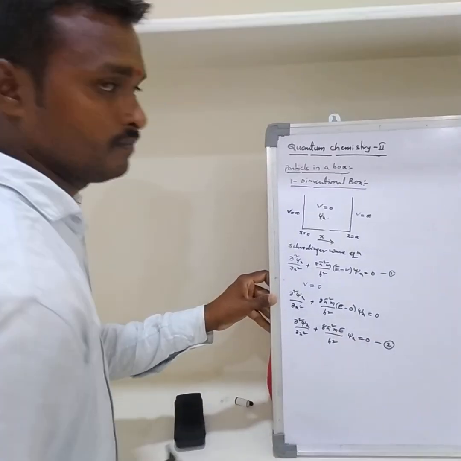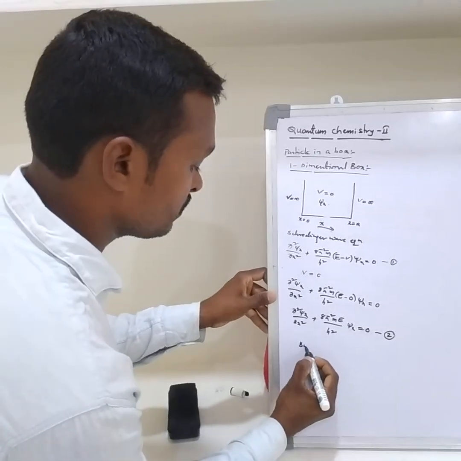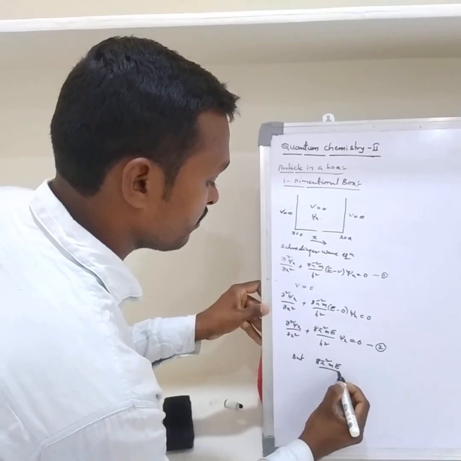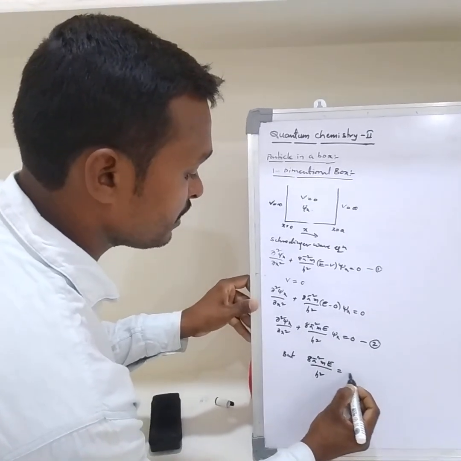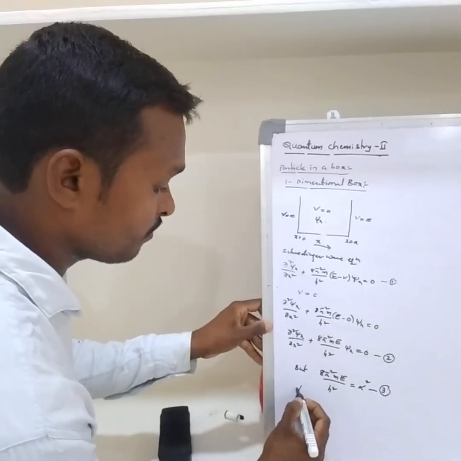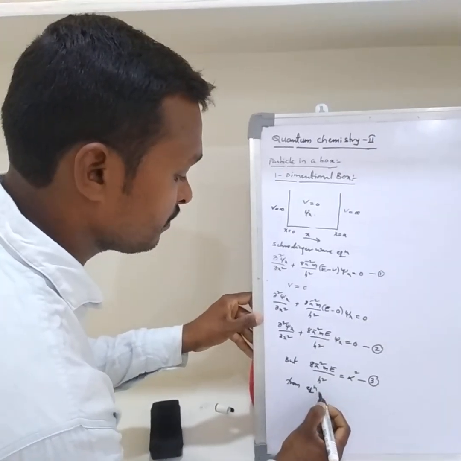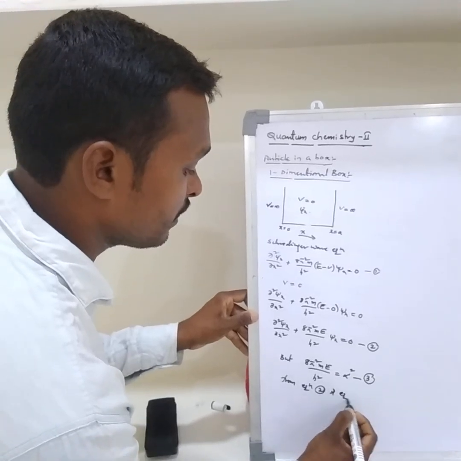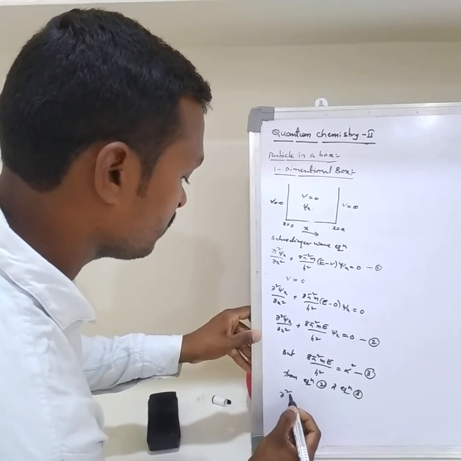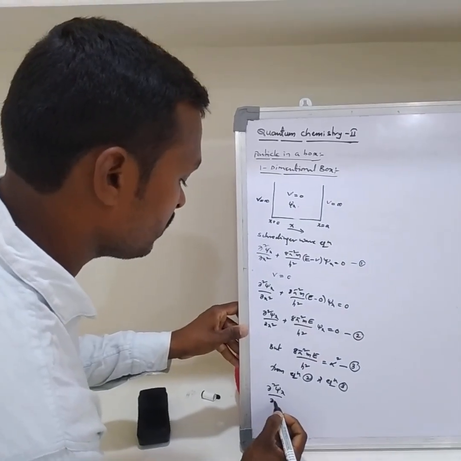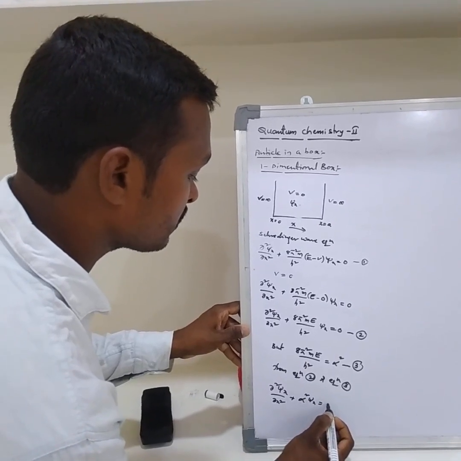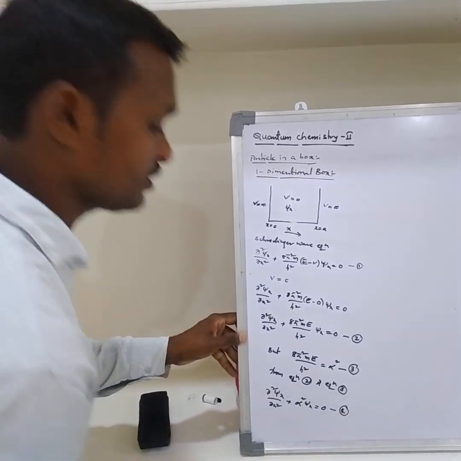Equation number 2. But 8 pi square m E by h square is equal to alpha square. Equation number 3. From equation 2 and equation 3, we get dou square psi x by dou x square plus alpha square psi x equal to 0. Equation number 4.